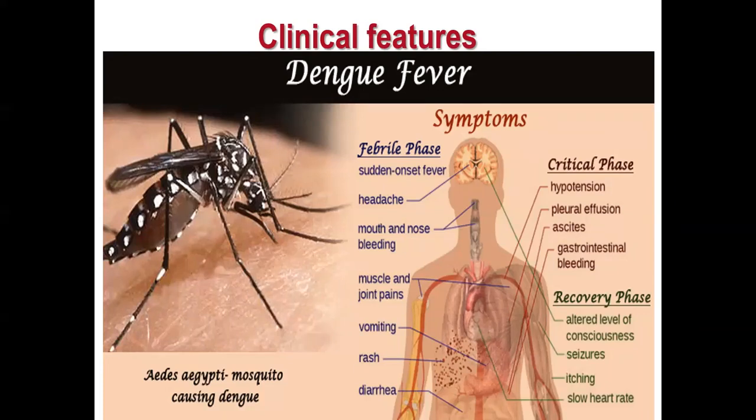In the critical phase, the pathogenesis leads to increased capillary permeability, and it leads to third space loss that causes hypotension. This is explained in my upcoming slides and is called dengue shock syndrome or dengue leak syndrome, which presents with pleural effusion, ascites, and gastrointestinal bleed. The recovery phase presents with altered level of consciousness, seizures, itching, and slow heart rate.